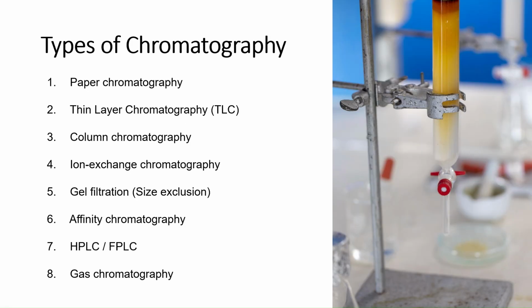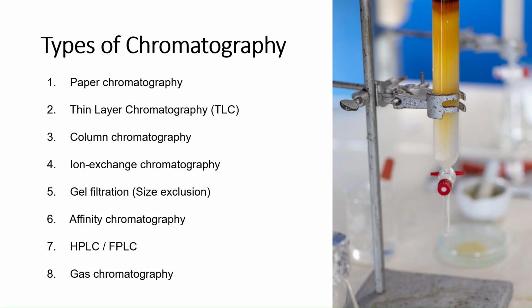Types of chromatography. First, paper chromatography, simple polarity based. Second, thin layer chromatography, TLC, faster and better resolution than paper. Third, column chromatography, used for purification. 4. Ion exchange chromatography, based on charge. 5.